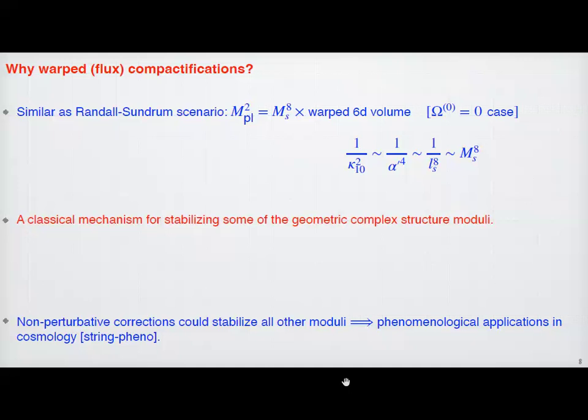Okay, but whatever is unstabilized, the massless moduli in 4D, are important for cosmology, because non-perturbative effects could stabilize all other moduli, giving them mass, and they find phenomenological applications in cosmology. So our computations are for massless modes, and the warp factor corrections we get would be helpful for that too. Okay, but I will not talk about phenomenology in this talk.